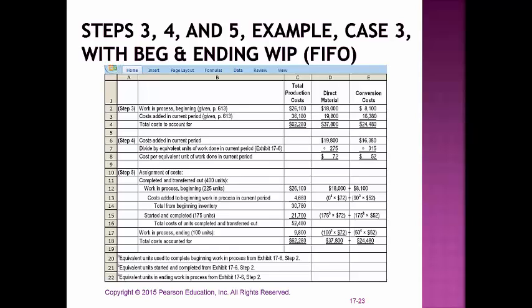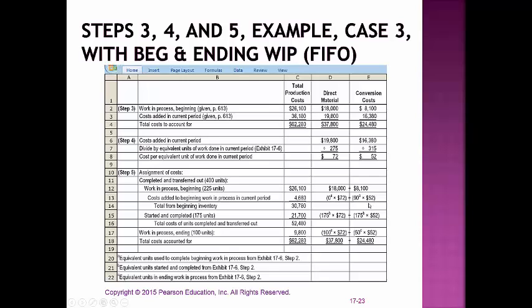Those 225 units had been converted 60% of the way in the prior period. Therefore, they had to be converted the remaining 40%, which gave us equivalent units of 90. So 90, which was 225 times 0.4, times our cost per equivalent unit of work of 52, gives us $4,680.